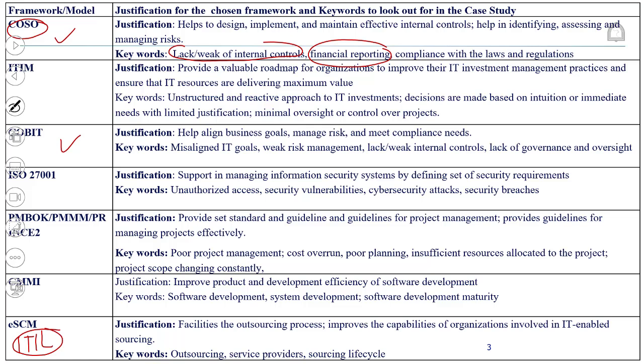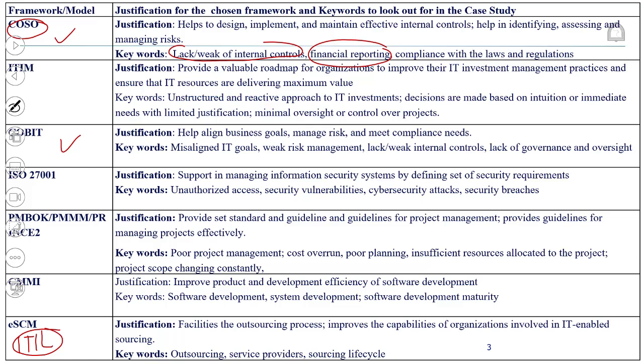If you're asked to justify your choice, most often it helps in designing, implementing, and maintaining effective internal controls. COSO has processes that can help you implement your internal controls. I'm not going to go through those processes because we don't have that much time, but that is one way you could look at it.